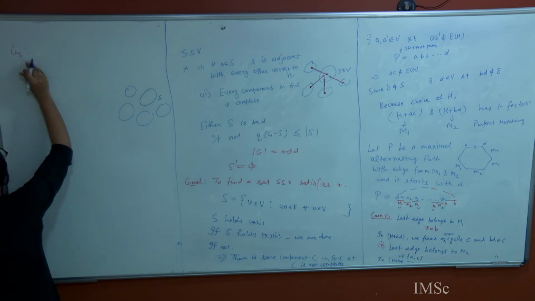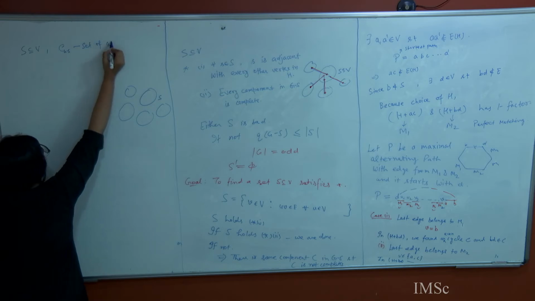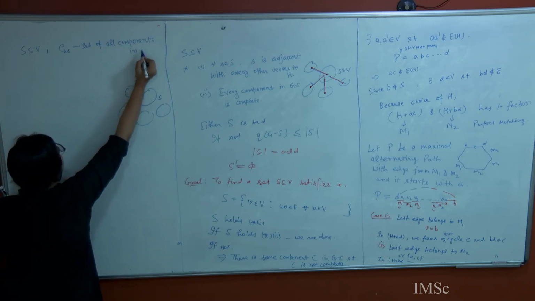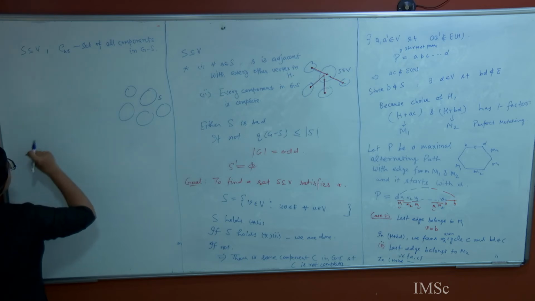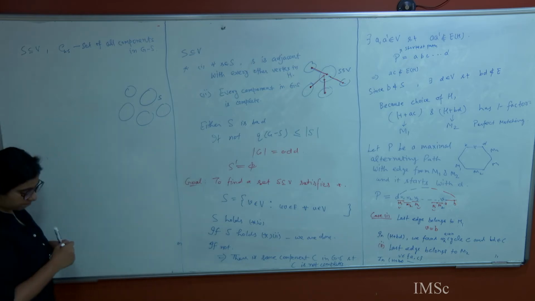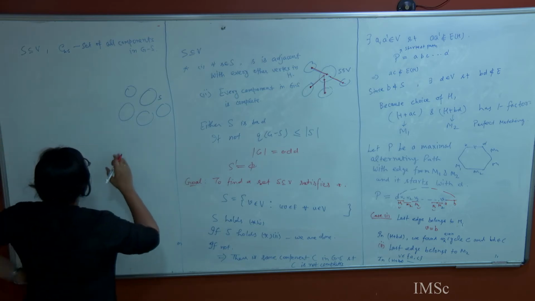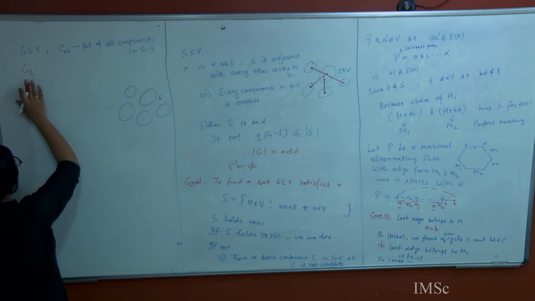S is a subset of V, and let CG minus S be the set of all components in G minus S. Now I want to define this new graph GS.